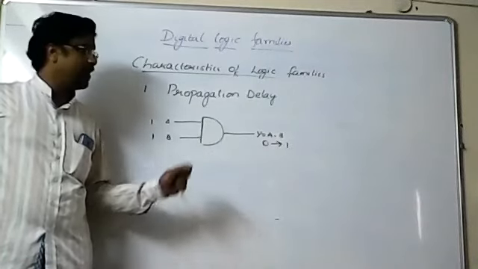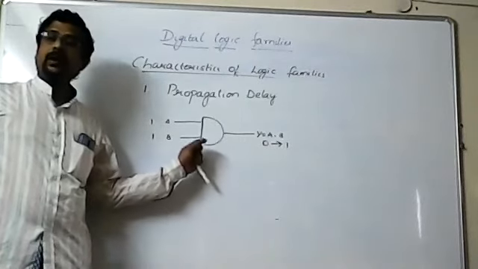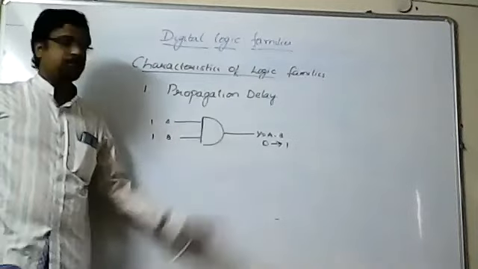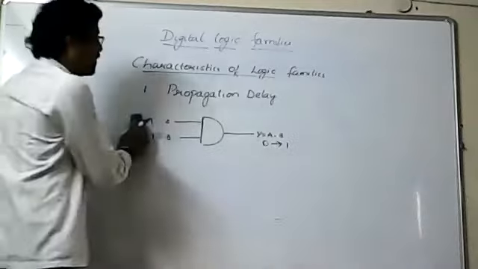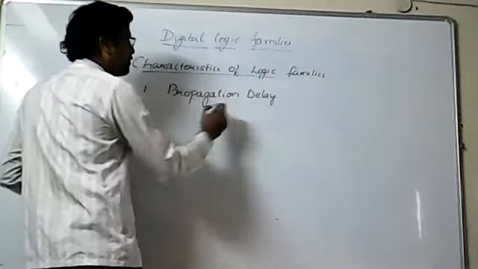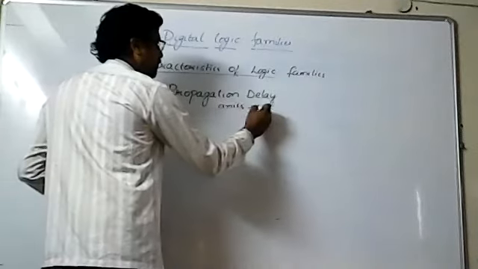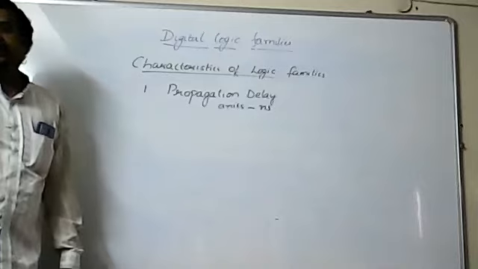So whenever you are designing, you have to take care that the propagation delay must be as small as possible, and the unit of propagation delay is always measured in nanoseconds.